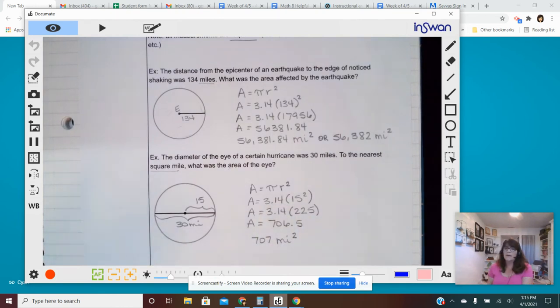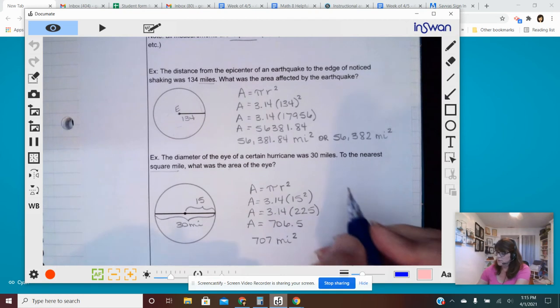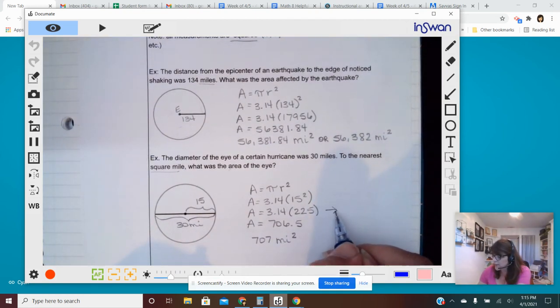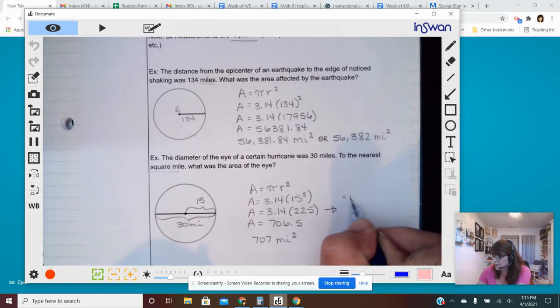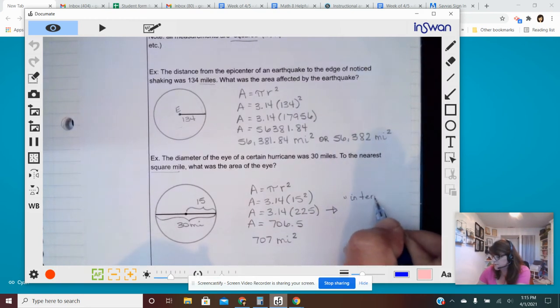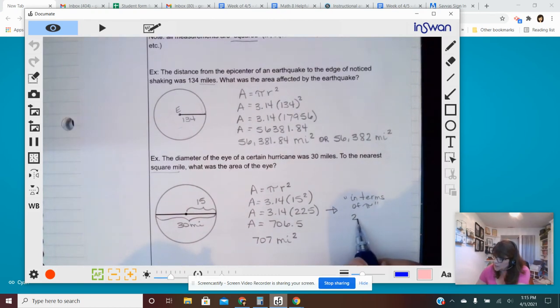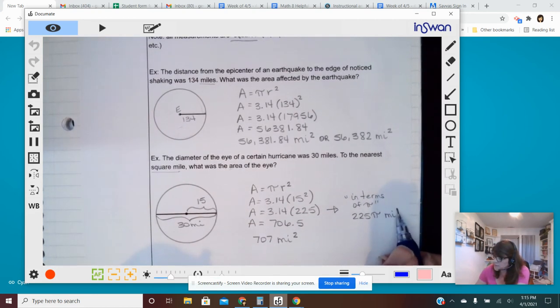Now, one of the things I wanted to remind you of, we've learned this before, but never a bad thing to see it again. If this had asked for the answer in terms of pi, then my answer would have been 225 pi miles squared.